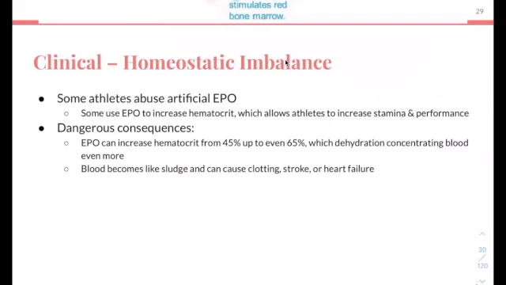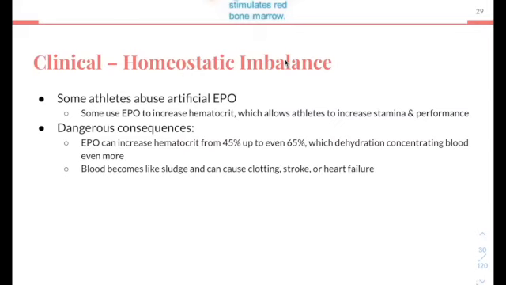So there are some athletes that like to use artificial erythropoietin. Because if you think about it, with some of those Olympic style athletes, the more oxygen they have available in their system, the more it helps to increase their stamina.